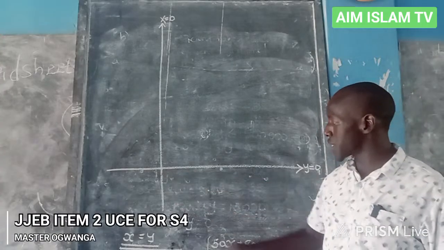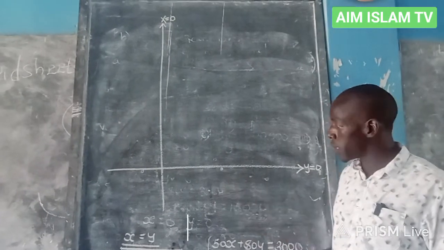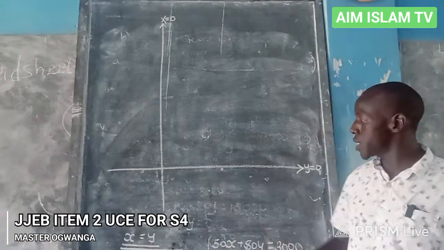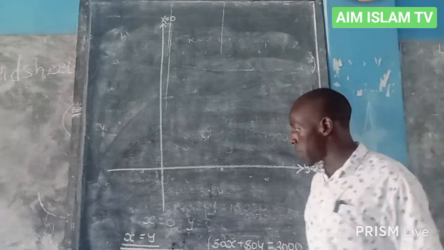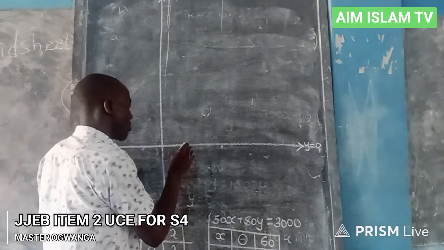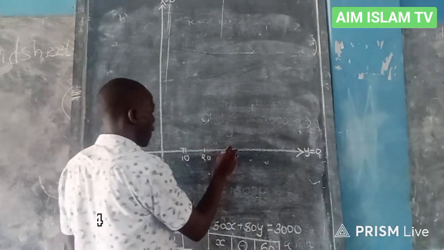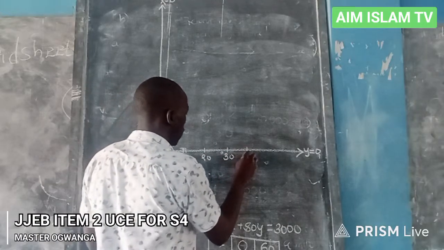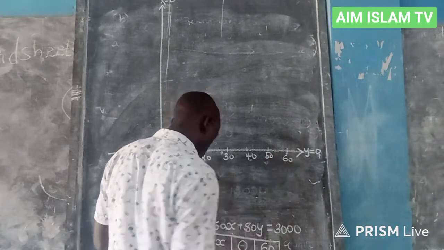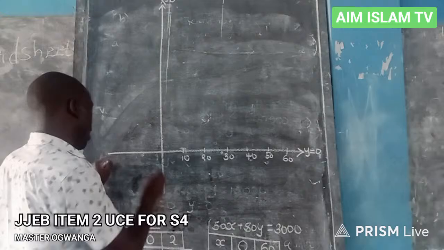So to make it easier, someone may go and use a scale of, let us say, 2 centimeters to represent 10 units on both axes. This will imply that each 10 small boxes will be represented by 10. So this is 10, 20, third, fourth, fifth, and the 60. That was the maximum value on the x-axis.